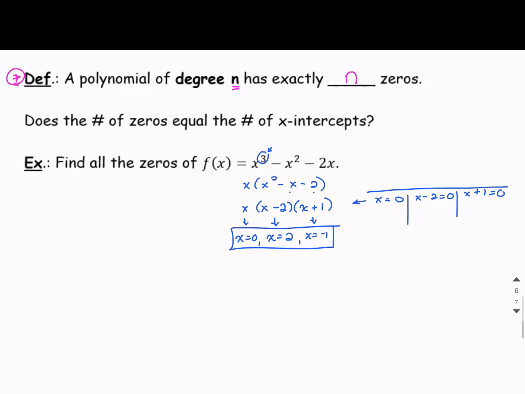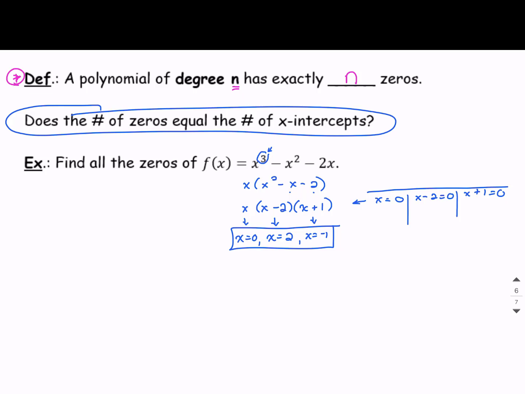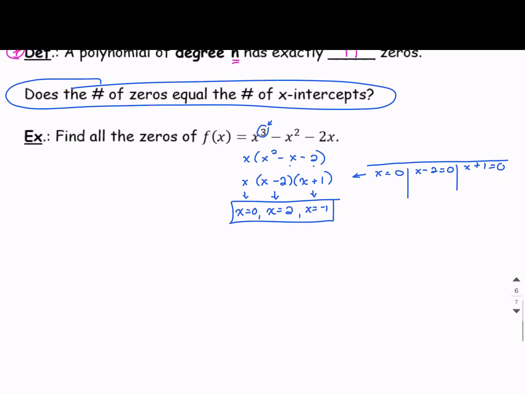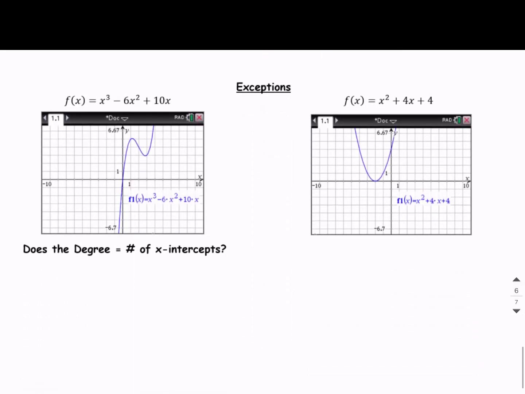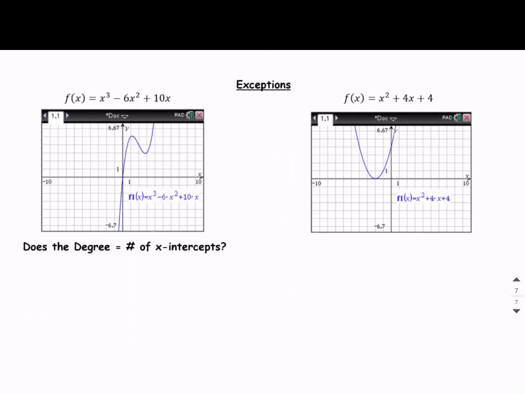All right, now we're still wondering, does the number of zeros equal the number of x-intercepts? So far, everything we've looked at says yes. Well, here are some exceptions. F of x is x cubed minus 6x squared plus 10x. So this is a third degree polynomial, right?